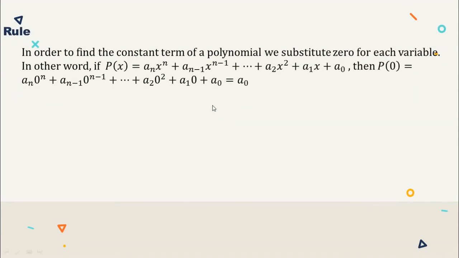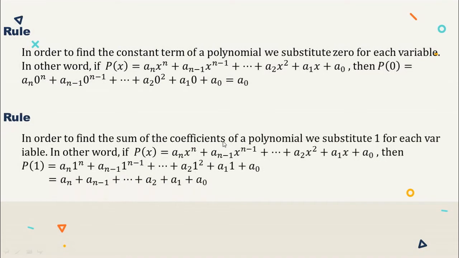Or we can have a rule in here. The first rule, in order to find the constant term of the polynomial, we substitute a 0 for each variable. And then we have P(x) like the previous slide, and you need to substitute all the variables with 0, and then you will get the a_0. So this one is the constant term.